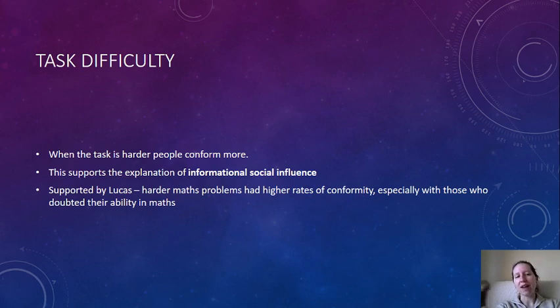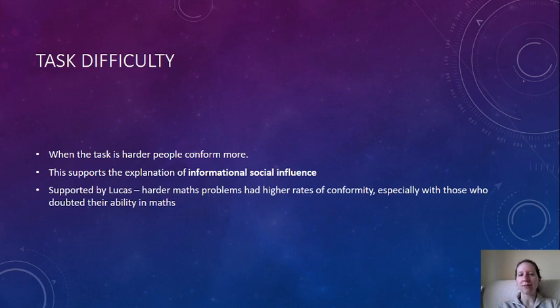However, if you make the task a lot harder, so it's less clear what the exact answer is, then that supports the idea of informational social influence, because people are looking to other people for information. They're not necessarily 100% sure what the answer is, and therefore they will be more likely to go along with the majority, because they might be looking to others for information.